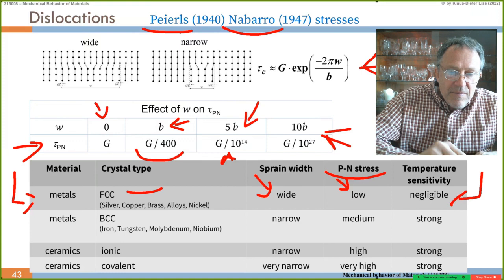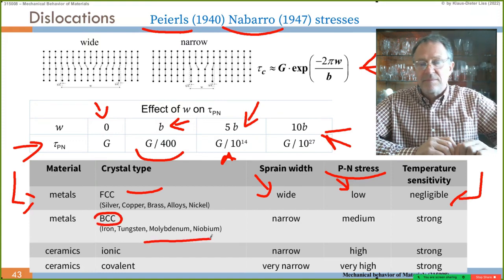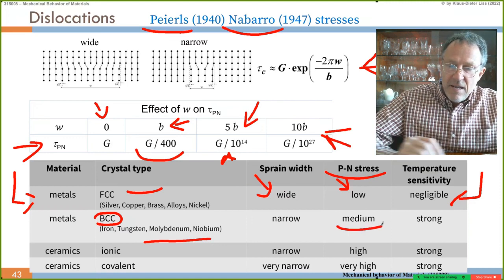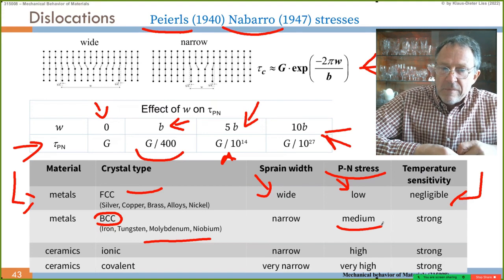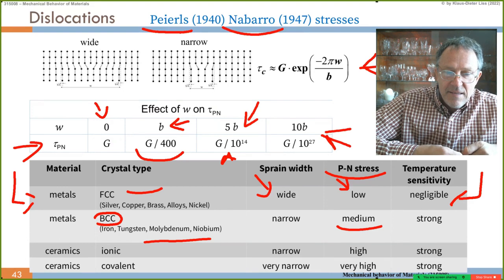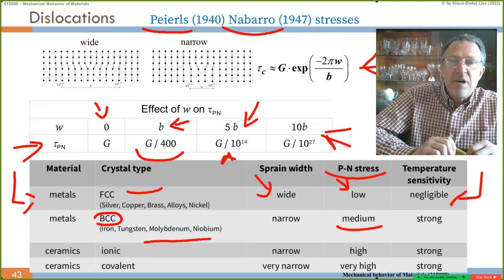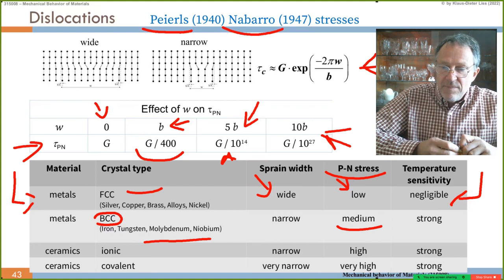If we go to metals with the BCC structure, iron, tungsten, molybdenum, niobium, the strain is narrow and the Peierls-Nabarro stress you need to deform these metals is medium. And we know that already from daily practice, that the FCC metals, your gold bracelet, silver, if you make it pure, copper, annealed copper, are very soft materials and very ductile because the Peierls-Nabarro stress is low.